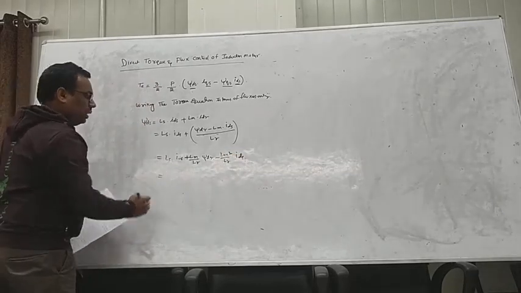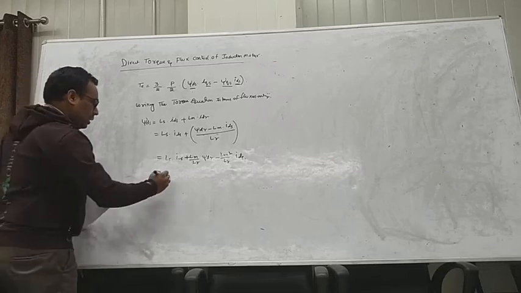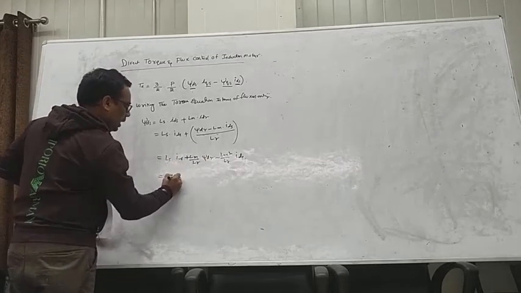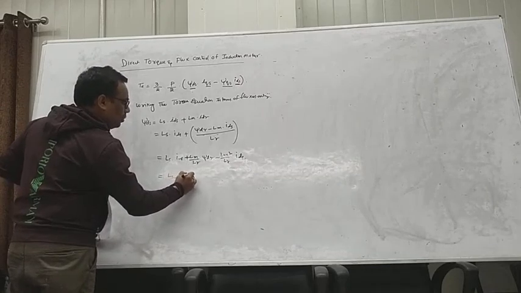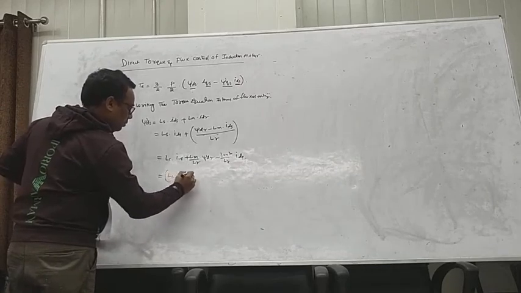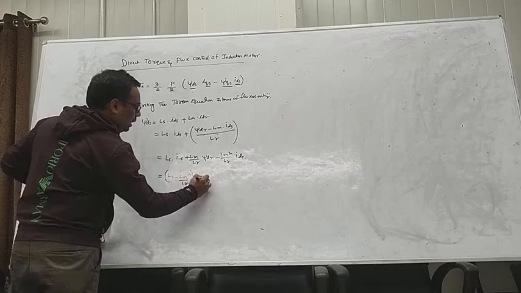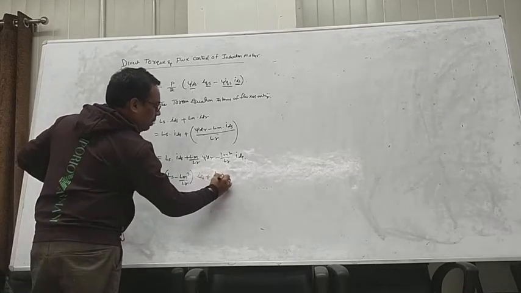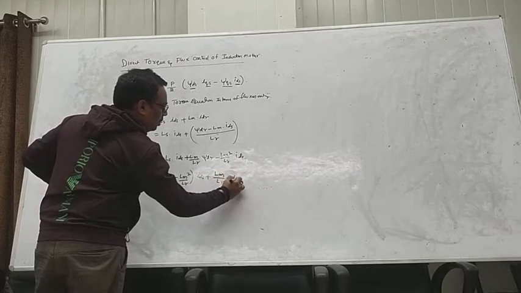Further simplifying, because it is an IDS term and it is also an IDS term, Ls minus Lm square by Lr into IDS plus Lm by Lr into psi dr.